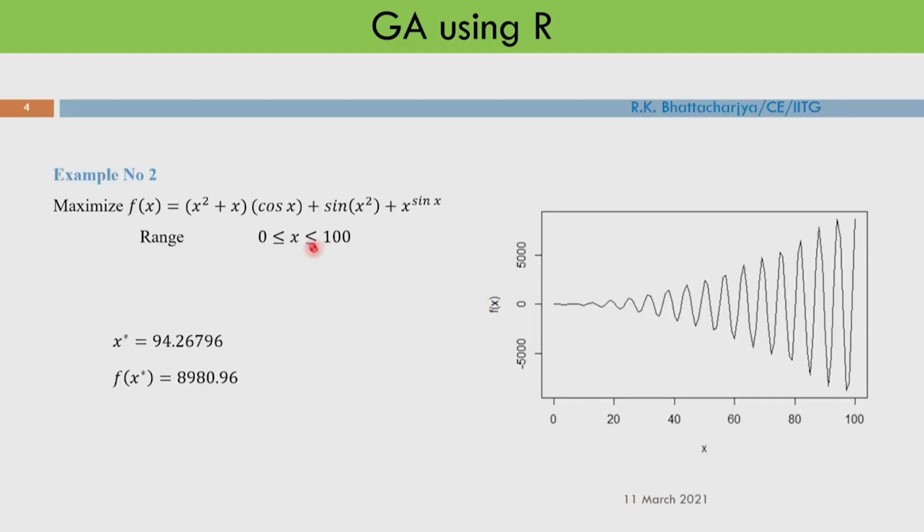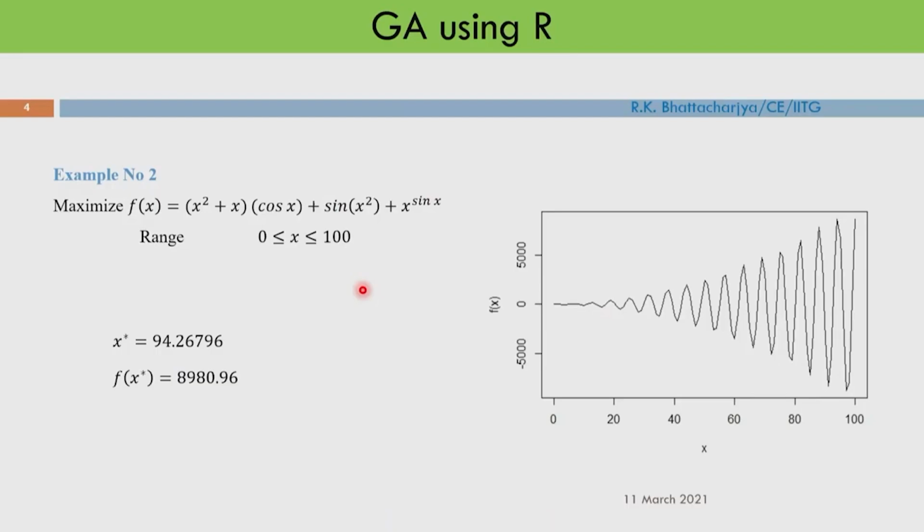The second problem is also a maximization problem. Again this is a single variable function. The function is f(x) equal to x square plus x into cos x plus sin x square plus x to the power sin x, and the range for x is 0 to 100. If we solve this problem, it has several maxima and several minima, and here we are trying to find the maxima.